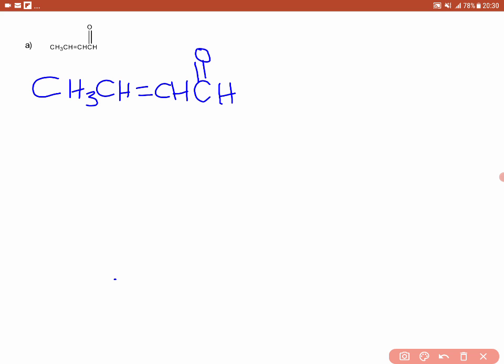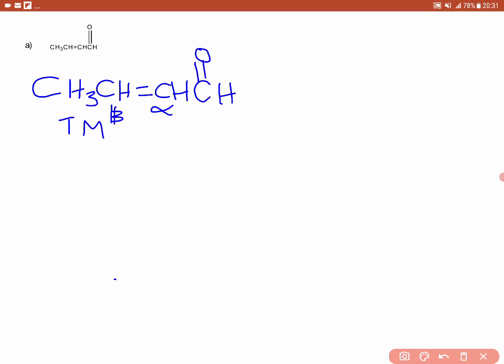So if we analyze or check the target molecule, this is the target molecule that we need to make, and we will realize that this is a compound that is unsaturated at the alpha and beta position.